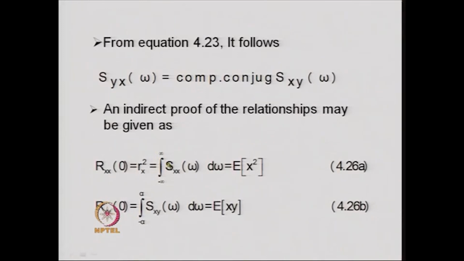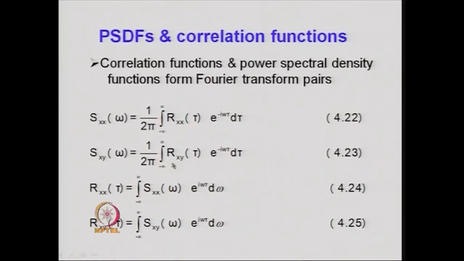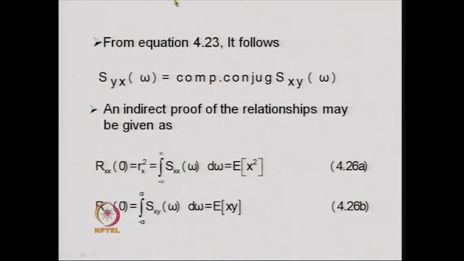If we substitute tau equal to 0 in this equation, then this becomes simply the integral of Sxx(omega) d omega, and we know that the area under the power spectral density function curve is equal to the mean square value.